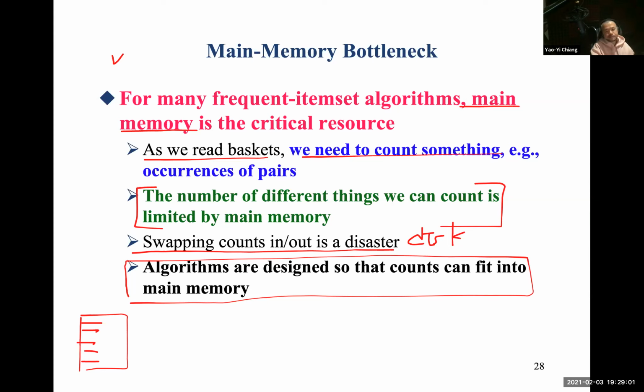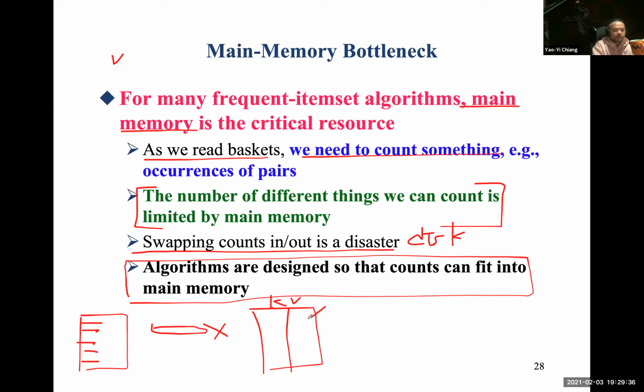Let me give you one. You have to read line by line, right? So of course you are going to store one basket in your memory. What else? Well, when you read the next basket, you can throw this one away. But what else do you want to store in your memory? Counts. Great, thank you. That's your dictionary, right? Your key value pairs.